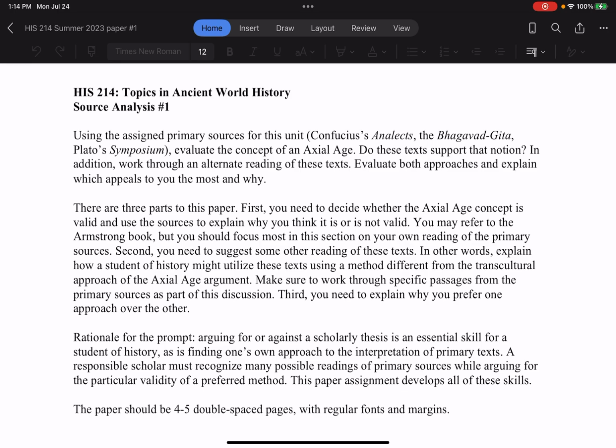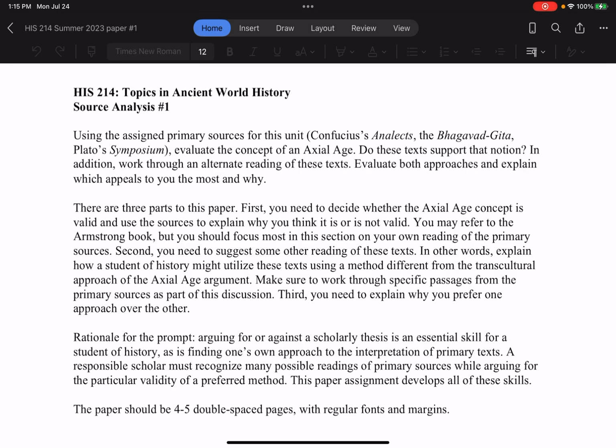Is the transcultural perspective a legitimate and maybe the best way to read texts like this? Or is the more localized or regionalized or immediate context strategy, or is the timeless message strategy the one that appeals to you the most?